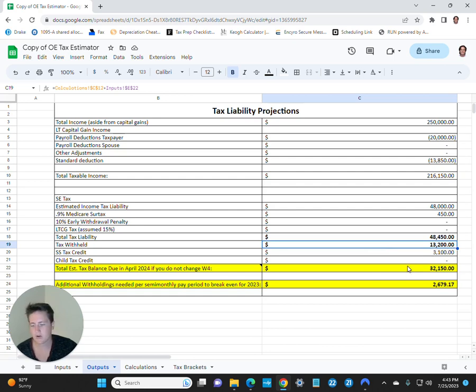You're not going to owe any penalty. You're not going to accrue any penalties on this $32,000. So that's just something to keep in mind for when you are raising your withholdings. Is you don't have to raise your withholdings if you think you can come up with this amount, and you have a lower tax liability last year than what you're withholding.